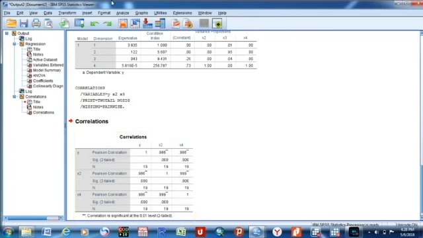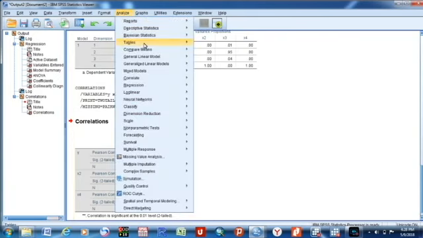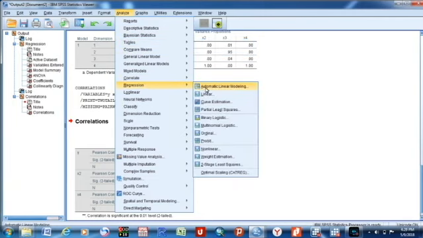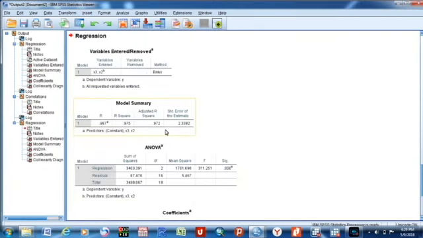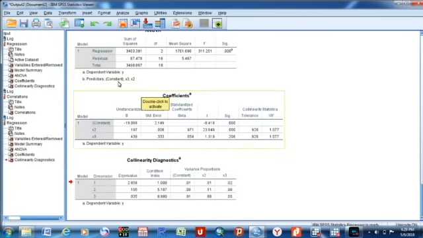So we have to go to analyze, regression, linear. Then we have to avoid x4 from the list. Then okay, this is the new ANOVA. So when we see the F test, the model is adequate, so we have to go to the individual parameters. When we see the individual parameters, x2 has statistical influence on the dependent variable, but x3 is not statistically significant.